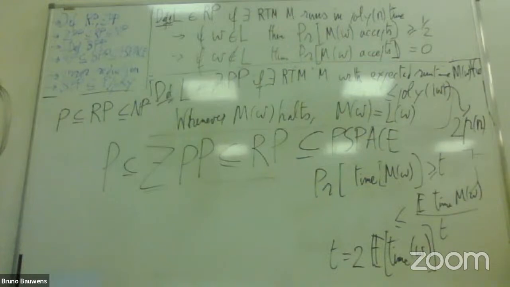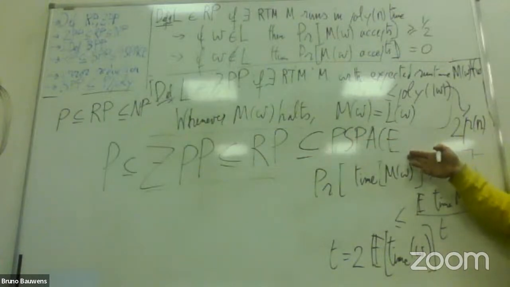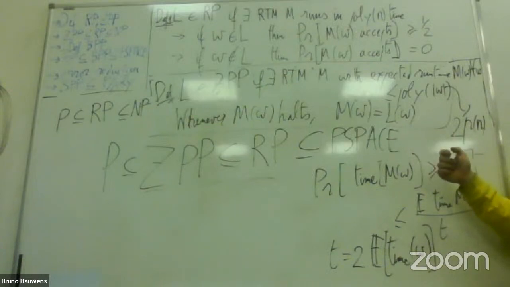We run the randomized machine as many times until the probability is exponentially close to 0, and there are polynomially many runs. Yeah, but this is a deterministic class, you don't have randomness. Yes, but if the probability is less than 1 divided by a polynomial of n.